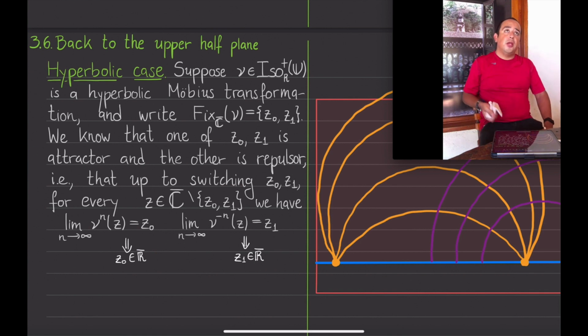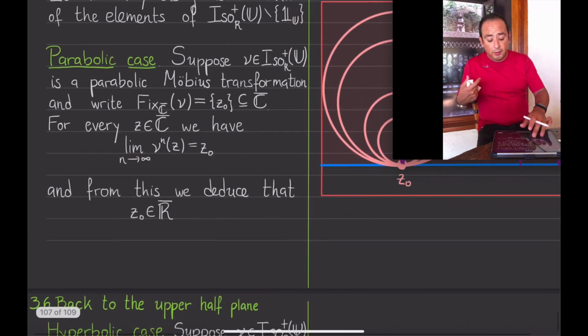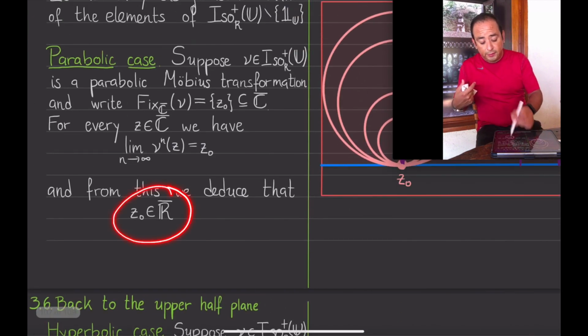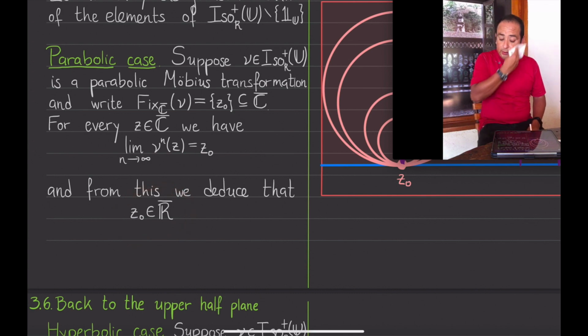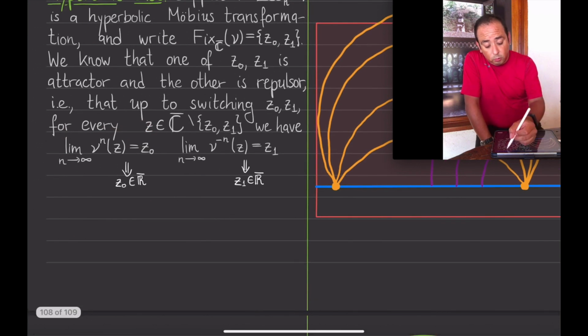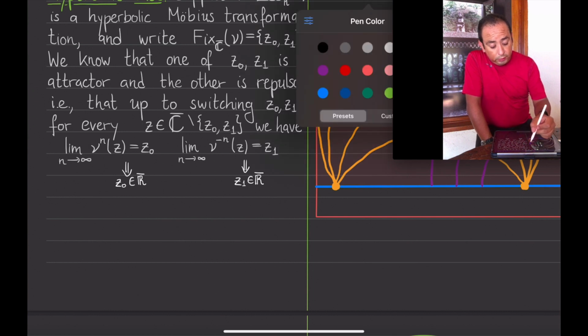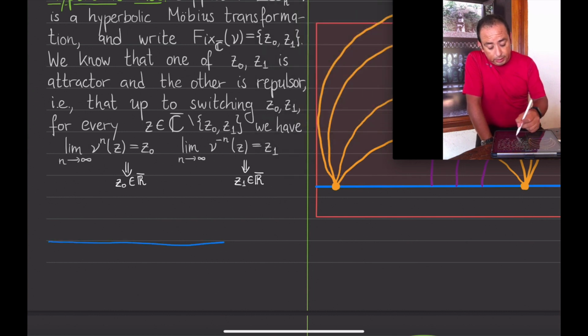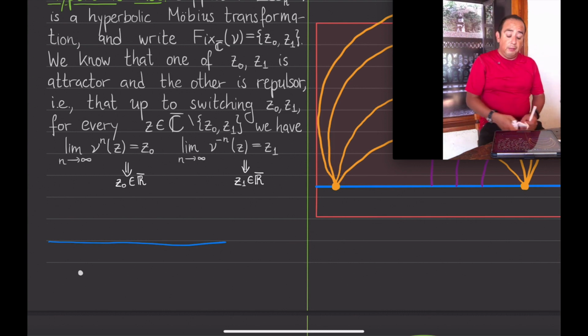And actually, if you think about it, the argument is the same with which we proved that Z0 was in R bar in the parabolic case. So let me argue for this one, for Z0. If Z0 is not in R bar, let's draw R bar, and let's divide into two cases. Let's say Z0 happened to be in minus u, so in the lower half plane.